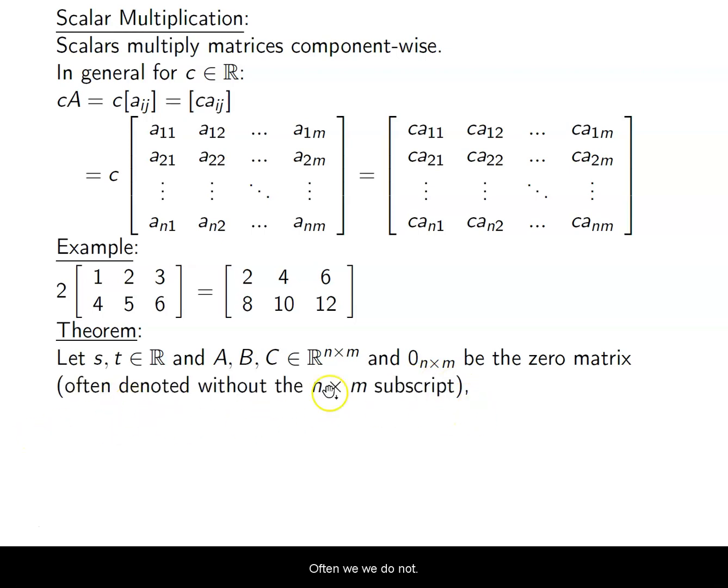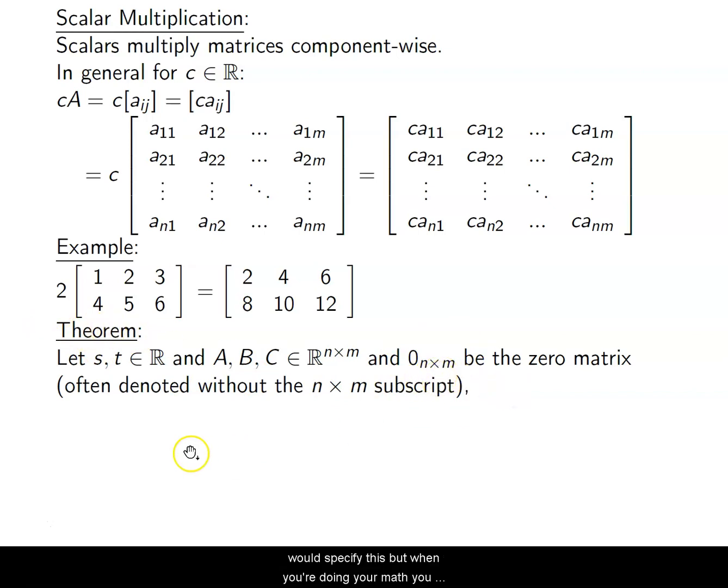Okay. Often we do not write the n by m subscript on the zero matrix. So normally we just say let zero be the zero matrix, and then we just fit it to our needs as need be. We typically don't need to specify the dimensions, but if you want to be very, very rigorous, then you are specifying the dimensions, like inside of a theorem.